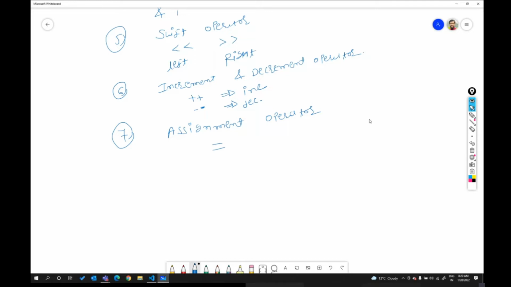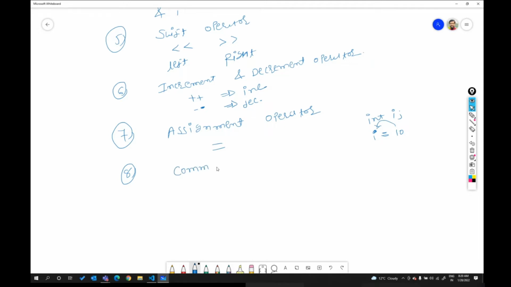We have written integer i and i is equal to 10, like that way we write character ch and ch is equal to a. So here this operator is assigning data. So this is called assignment operator. So you know about that.